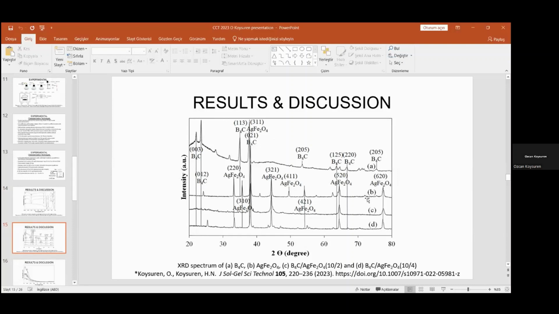And when we look at diffractogram B, we can see the characteristic peaks of the silver ferrite cubic crystal structure. C and D belong to the composite structure. We can see all of the peaks belonging to boron carbide and also silver ferrite. As you can see here, especially for composite samples, there is high crystallinity. As I said, this is important in terms of photocatalytic activity.